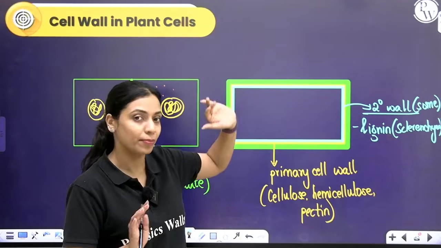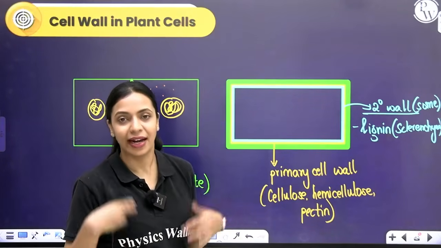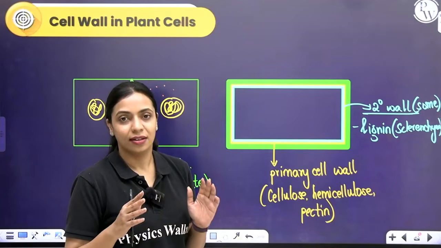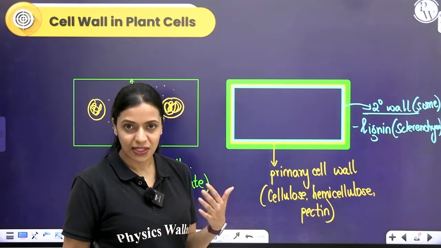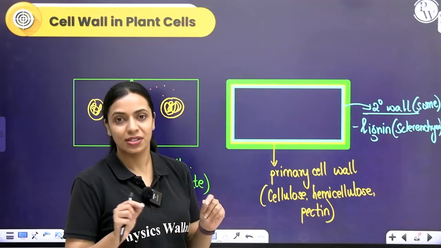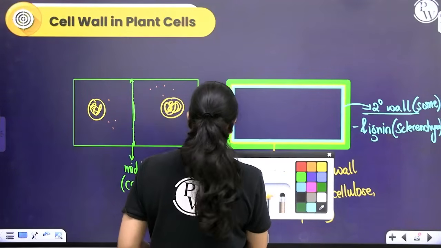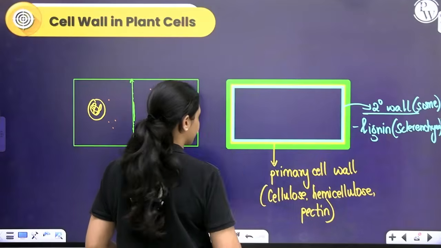Depending upon which type of tissue or which type of cell this is going to get differentiated into, it may form an additional secondary layer towards the cytoplasm. For example, in the case of sclerenchyma, it is composed of a substance called lignin. So inside this, you will have the plasma membrane.